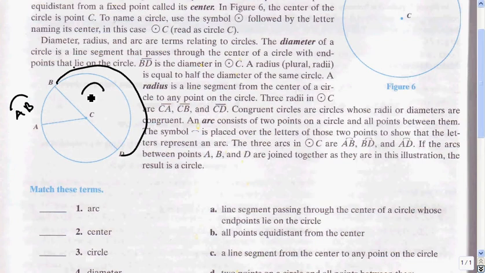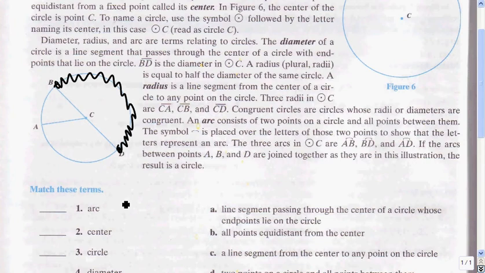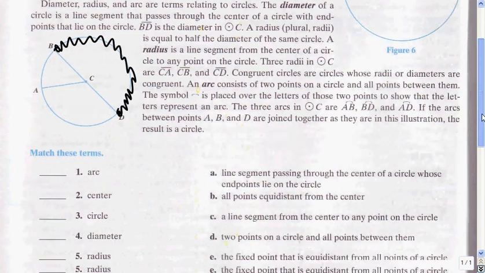I would write that arc BD because this angle here, even though it's not an angle, it's actually a straight line, that's called 180 degrees. That 180 degree angle intersects the circle here and here. So the arc in between is the arc of BCD. Okay, I hope you understand that.